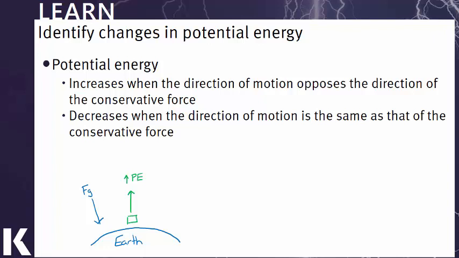However, if I had an object that was moving down, since its path of motion is the same direction as that force due to gravity, this would see a decrease in the potential energy. So let's take a look at some examples.